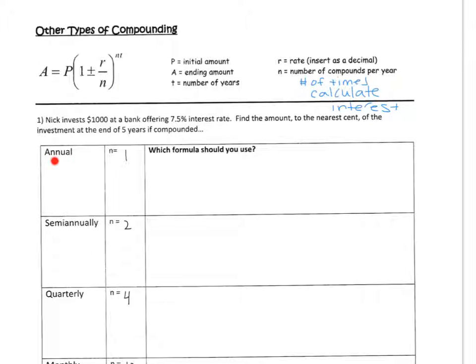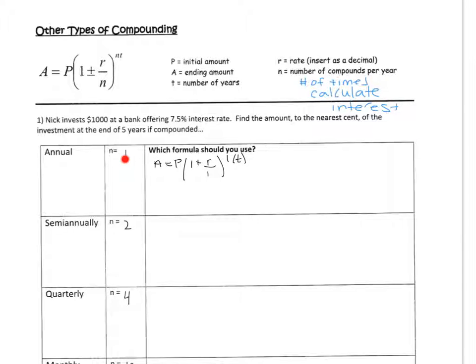Now I'm going to show you that this annual formula that we learned on the other page is the exact same thing as this. So let's plug into this formula, N being 1. So A is equal to P (1 + R/1)^(1·T).